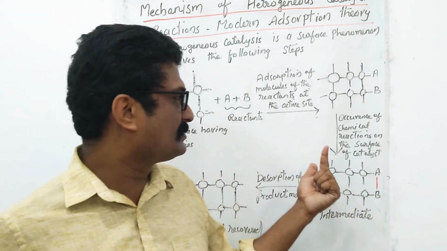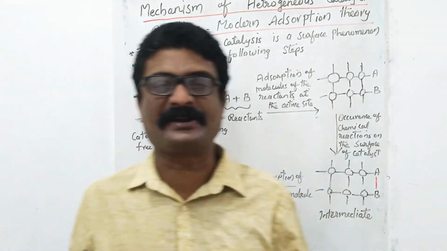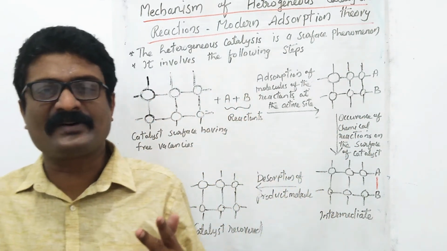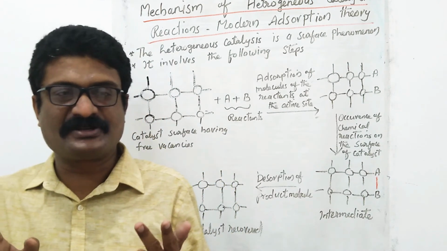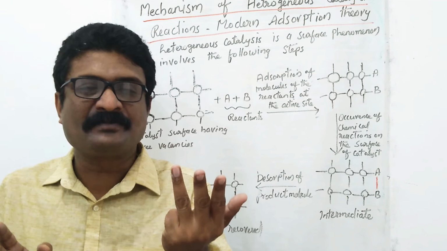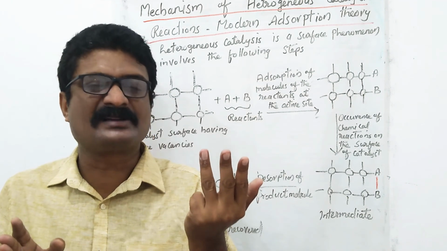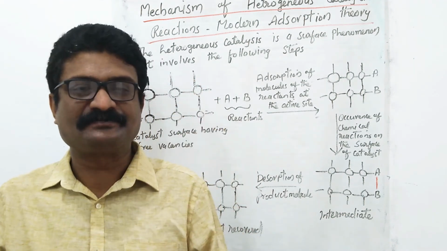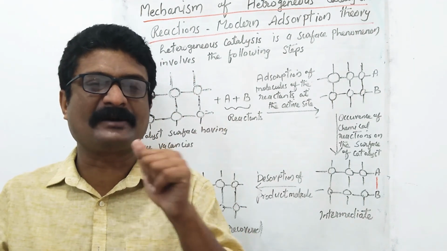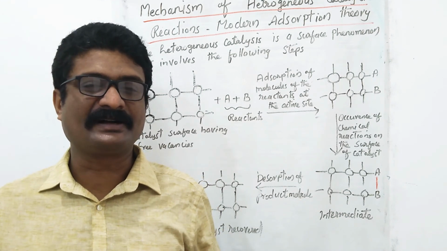The third step, occurrence of chemical reaction on the surface of the catalyst through the formation of an intermediate. And the next step, the fourth step, desorption of the product molecules from the surface of the catalyst. Then the fifth step, diffusion of the products away from the surface of the catalyst.